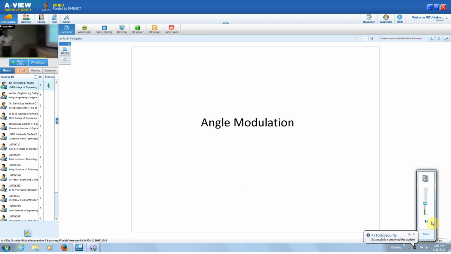Because if you say that M1 of t is having two spectral lines, M2 of t is having one spectral line, that means total input is having three spectral lines. Therefore, the output of all these modulations may be giving you three spectral lines or six spectral lines, depending on the type of modulation that we are going to have.